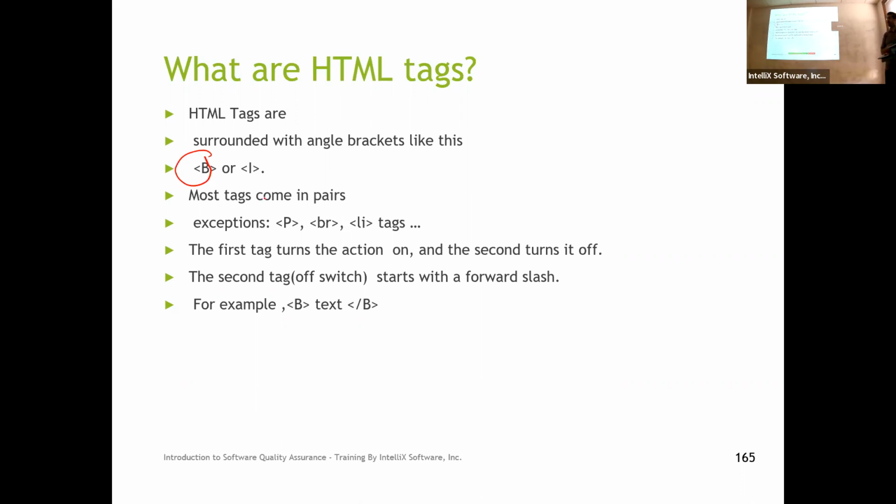Most of the tags will come in what is known as pairs. For example, this is the pair for bolding a text. When your browser is looking through this HTML text, as soon as it hits this particular character, it says everything from this point onwards needs to be bolded until it comes across a character which is a slash and the exact same character as what was present before, capital B. At that time it says, okay, now turn off the bold.